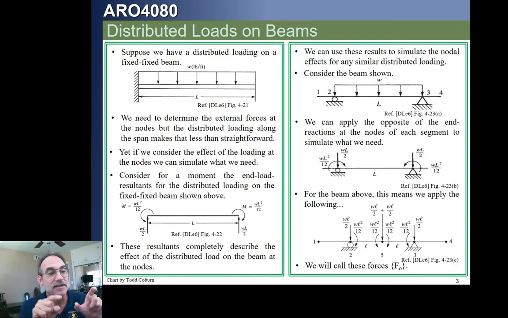So actually, this WL over 2, this WL squared over 12, and the rest of the same are now external loads. So we're going to make a new vector, but we're going to call it FO, not just F, because FO has those simulated forces. It's not all of the applied forces, it's only the simulated forces. Okay? You got that? So FO is an applied force vector that only includes the simulated forces. And this is simulating that running load.